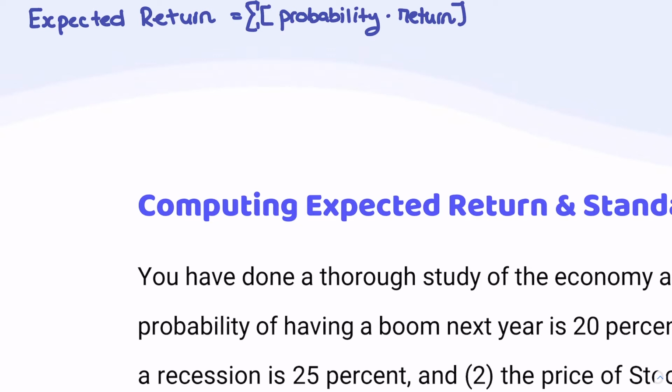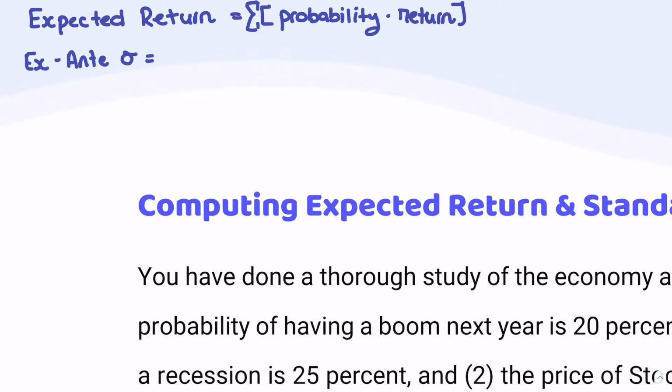Now, in order to find your standard deviation or your variance for ex-ante returns, it's very straightforward. And once again, because we're dealing with probabilities and because we're dealing with forecasting, it is evident that we need to use our ex-ante standard deviation formula. And it goes a little bit like this. Your ex-ante standard deviation formula will give you the following.